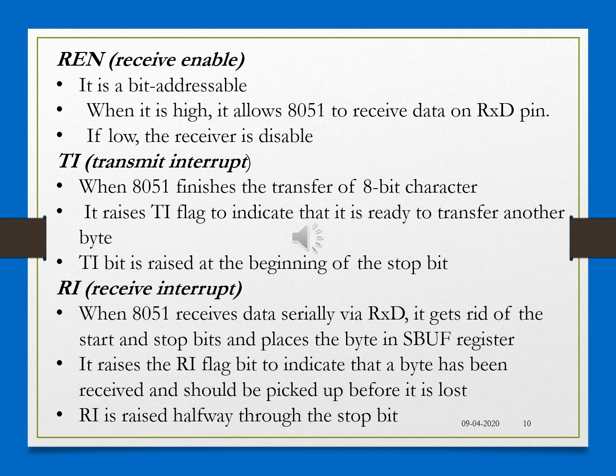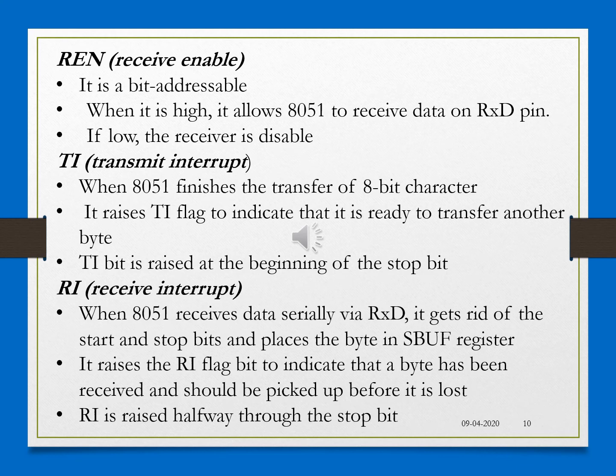So to control that, this REN bit is used. Only when it is made high will the reception be allowed through the RxD line, and if it is made low, then you are restricting it, and no information will be coming via the RxD line.